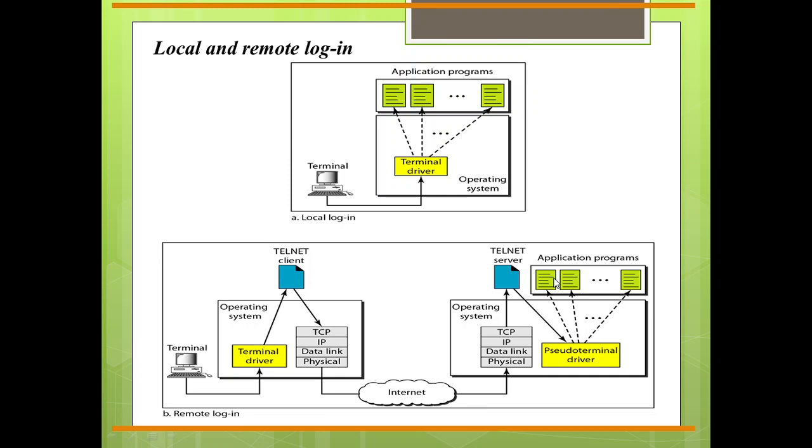So here the characters cannot be passed directly to the operating system because the remote operating system is not designed to receive the characters from the Telnet server. Here it is designed to receive the characters from the terminal driver.